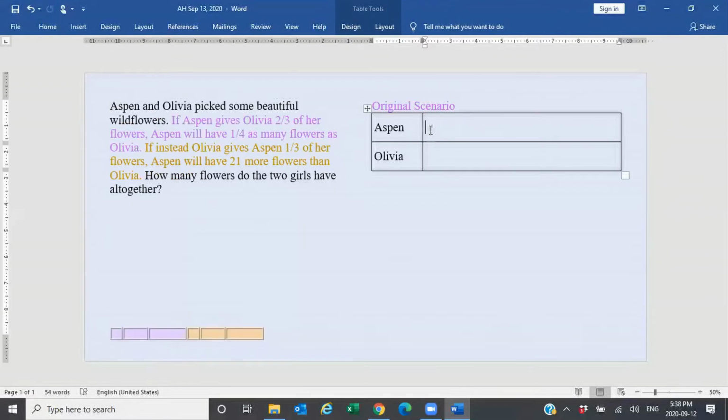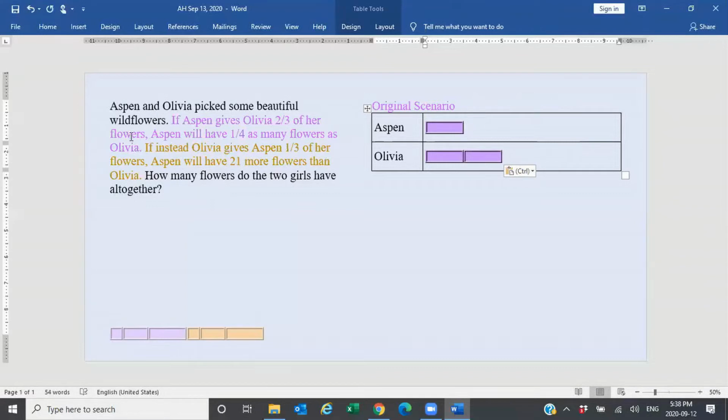So I'll take some of those and give her all of her thirds. This is 3/3. Now it says if Aspen gives Olivia 1/3 of her flowers. So I will take those. I'll take 1/3 and give it to Olivia.